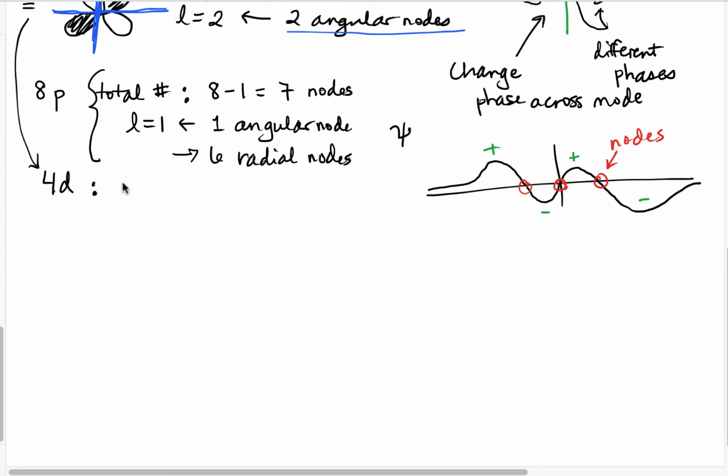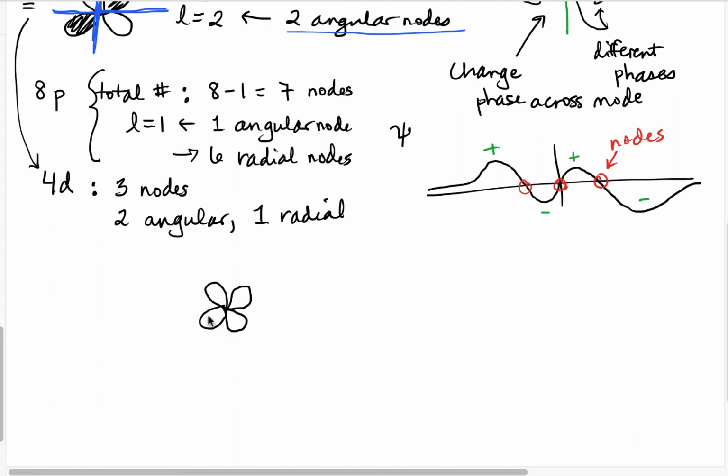Okay, hopefully you found that we have 3 total nodes, and 2 of them would be angular, and then 1 must be radial. So we would draw this by starting with our 3D orbital. And here are my nodes for that one. Those are my two angular nodes.